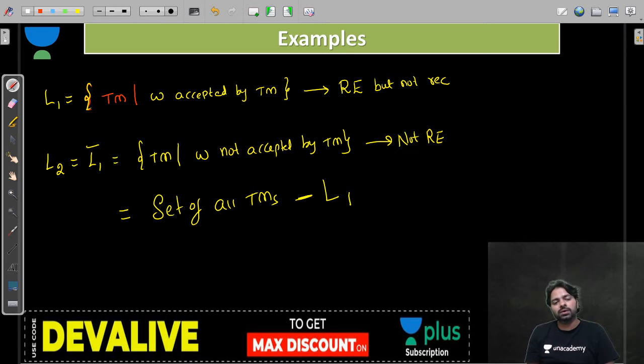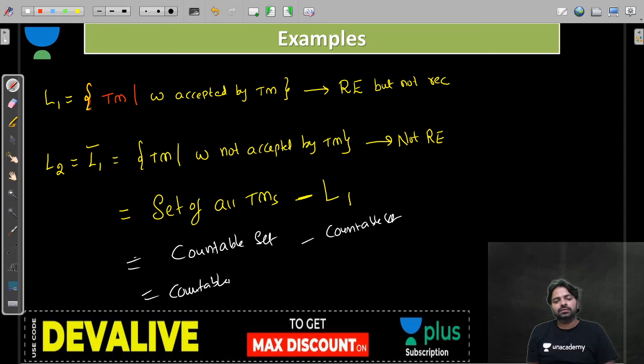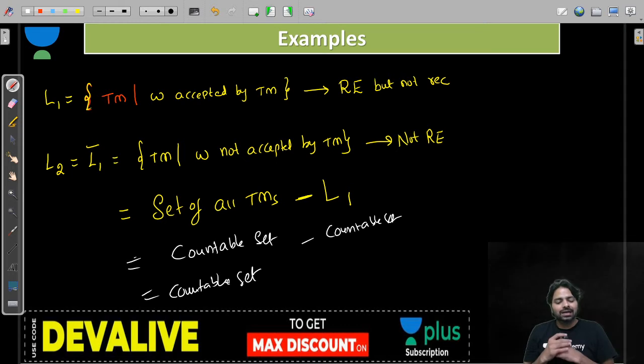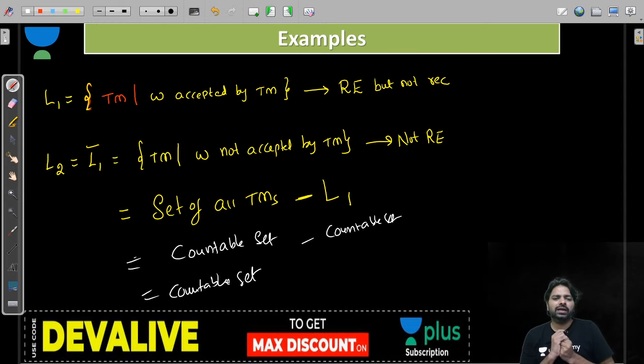Countable minus countable is countable only. Even though it is not RE, it is countable, guys. So this is a very famous language where L1 and L1 complement both are countable sets.